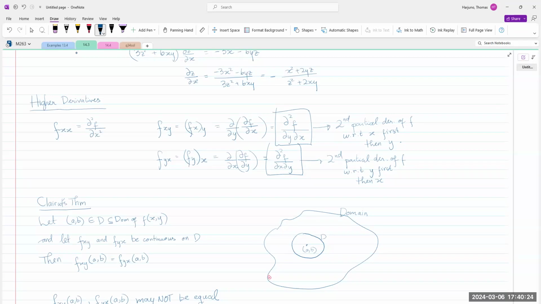In other words, if the continuity of the mixed derivative fails anywhere in that disk, then this equality is not guaranteed.